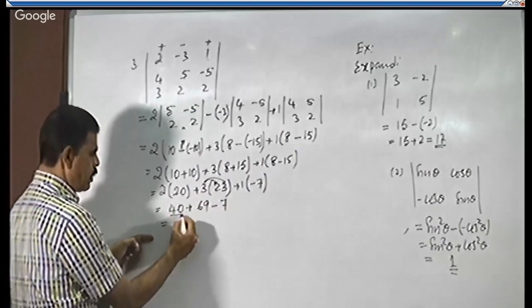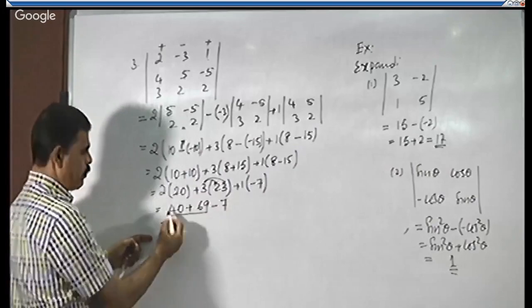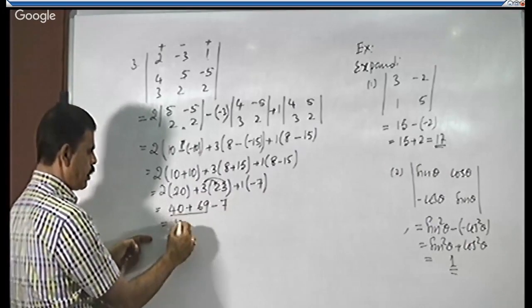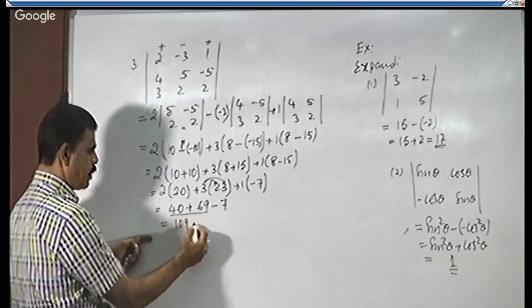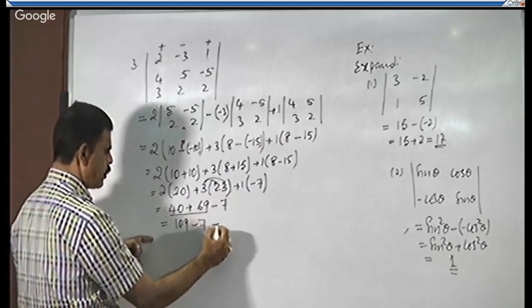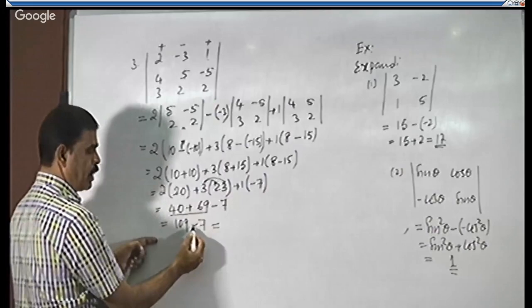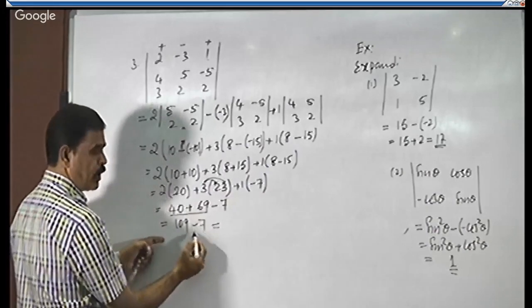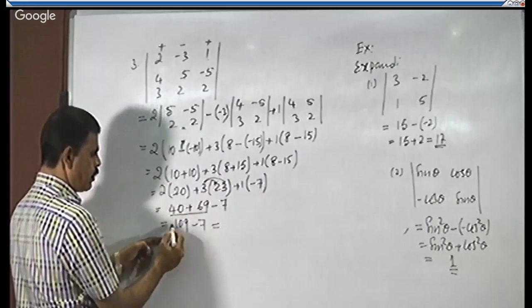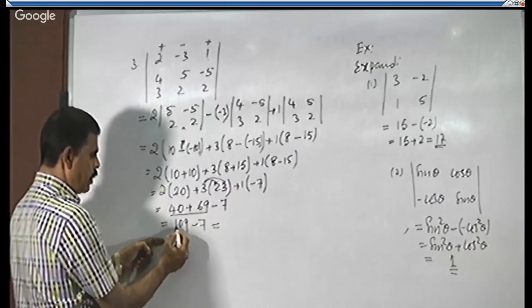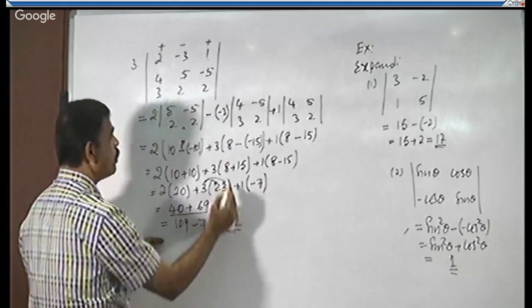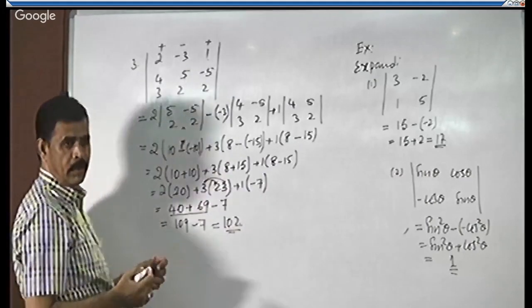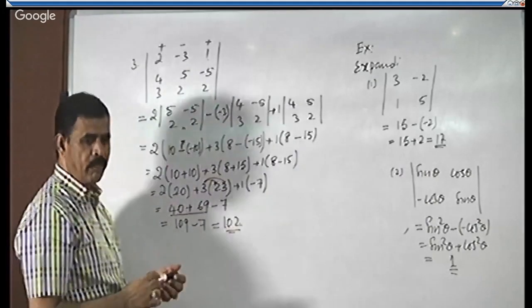Then take all the positive numbers and add them. 40 plus 69 is 109, minus 7. We have to go for subtraction because of opposite sign. One is plus, the other one is minus. 109 minus 7 is 102. This is the value of the given determinant. This is the procedure we need.